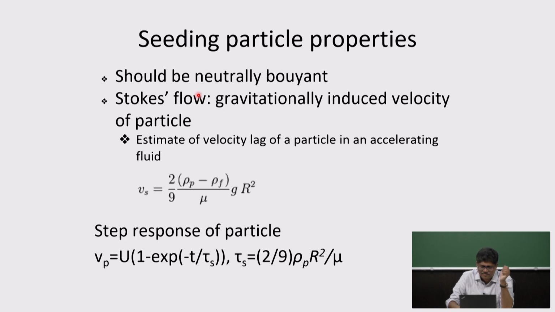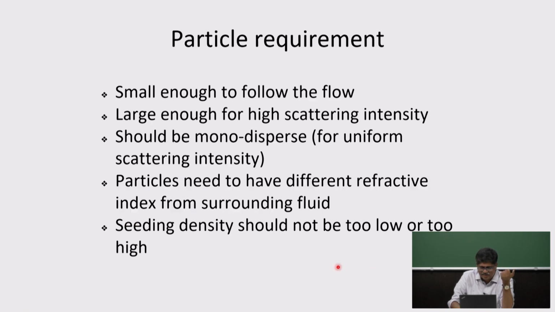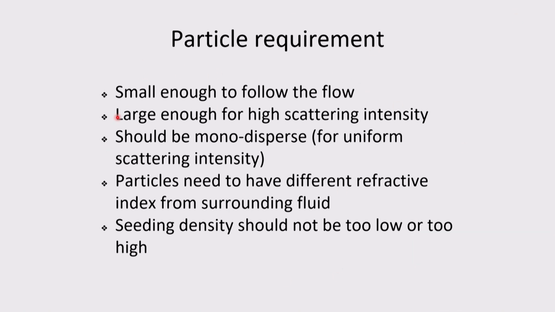Otherwise the velocities will be different. It has to be a Stokes flow, and the particles neutrally buoyant. Then there are equations to see the response of the particles. In general, the particle should be small enough to follow the flow.